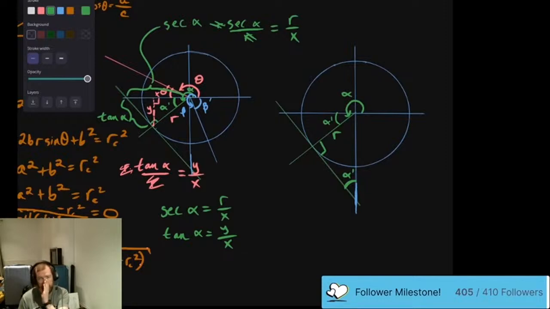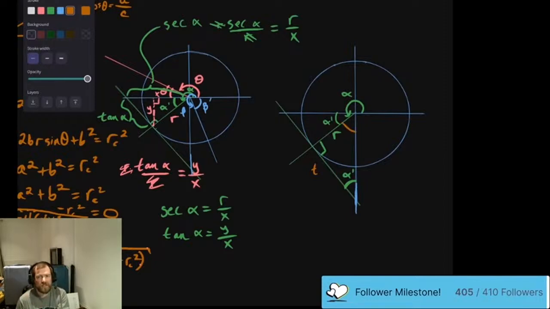Now, this is where I curse you having used all of these different notations everywhere. Right now, what we're actually doing is we're going to look at the tangent, but it's not to alpha prime anymore.